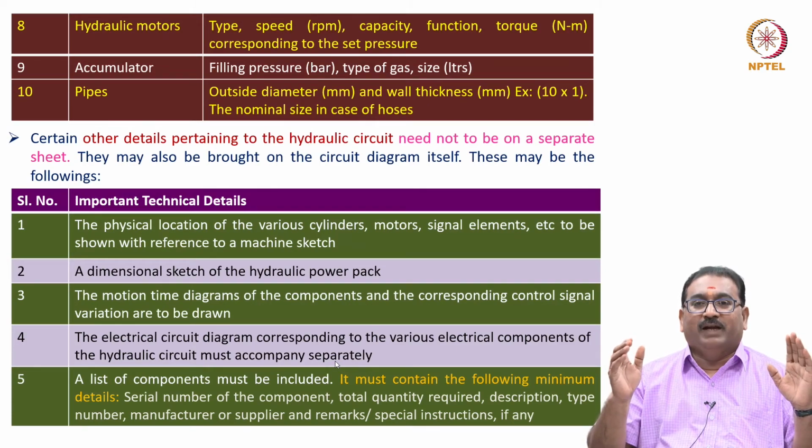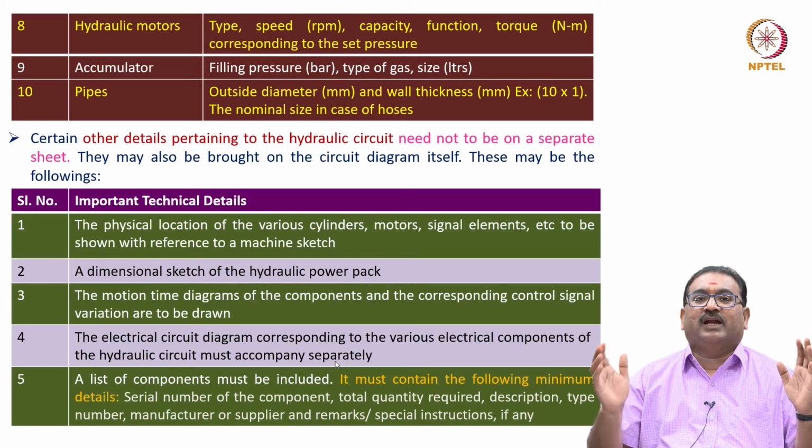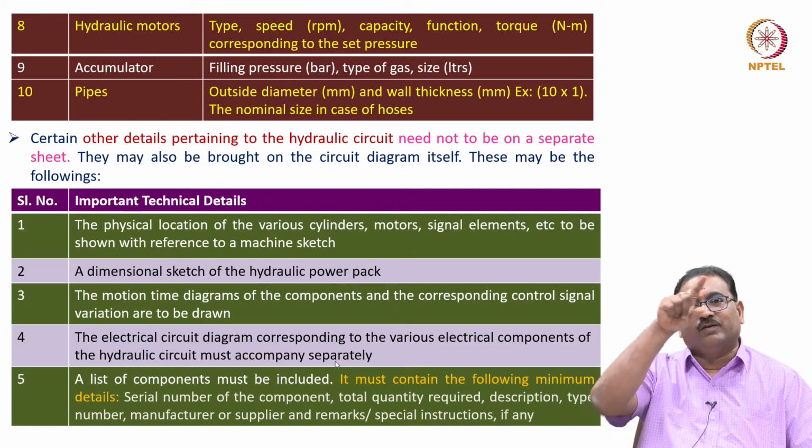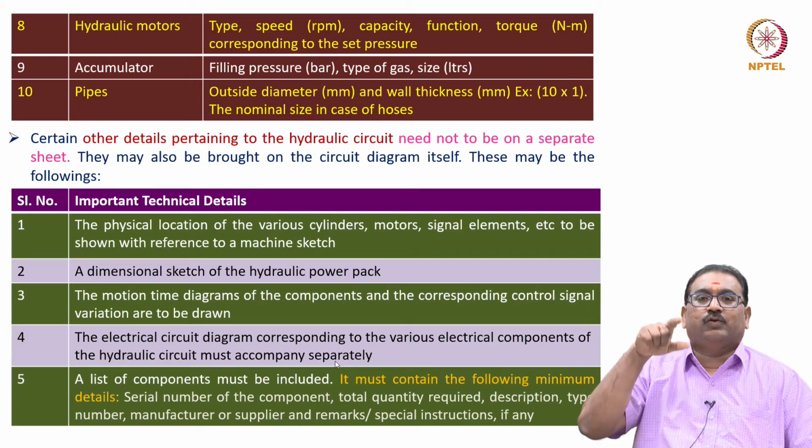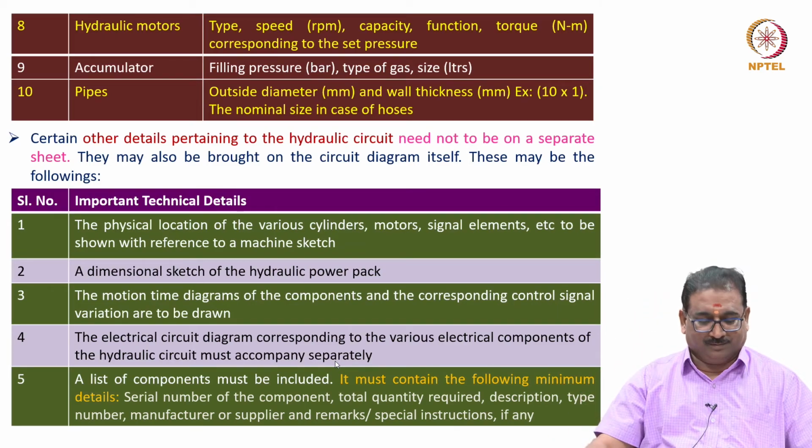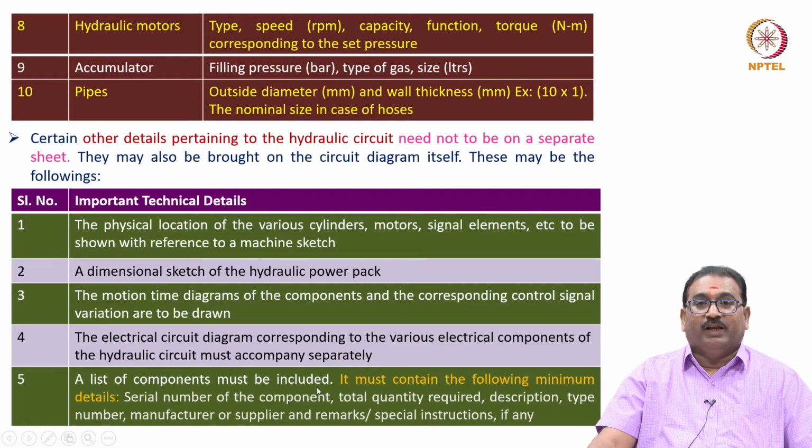These are the mandatory electrical circuit diagrams, which you have to draw as ladder diagrams, having the 0 line and 24 volt line. Then you will show how the circuits are connected. A list of components must be included after completing.